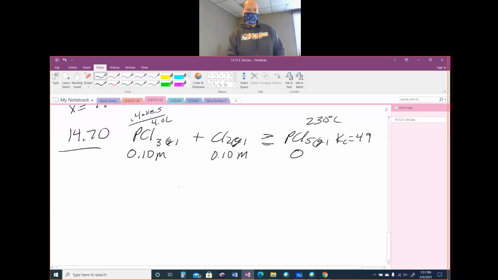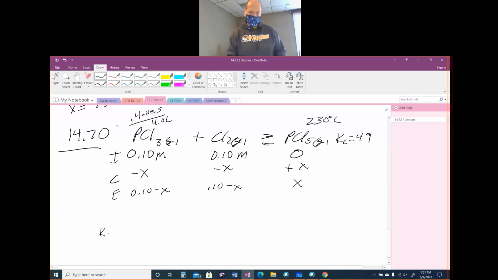All right, and so here is where you have your initial, your change, and your equilibrium. You can't have a 0. It has to go to the right. Minus x, plus x. All your coefficients are 1. So you have 0.10 minus x, 0.10 minus x, and you have x.